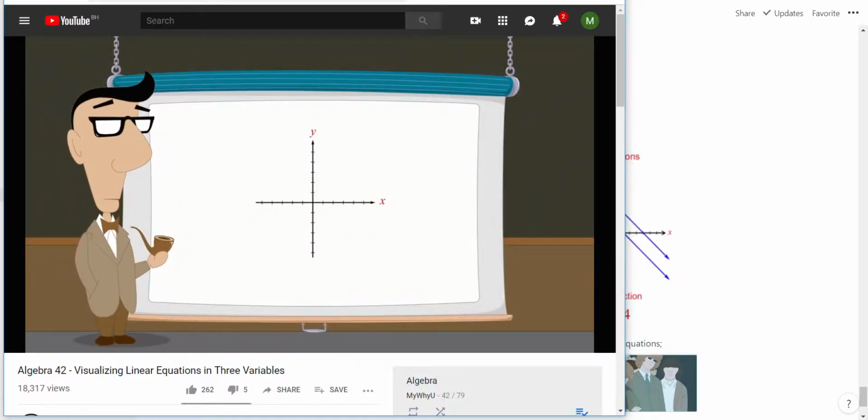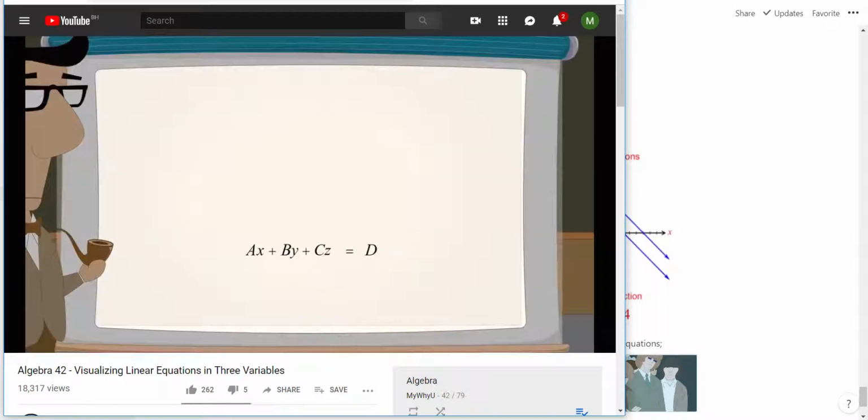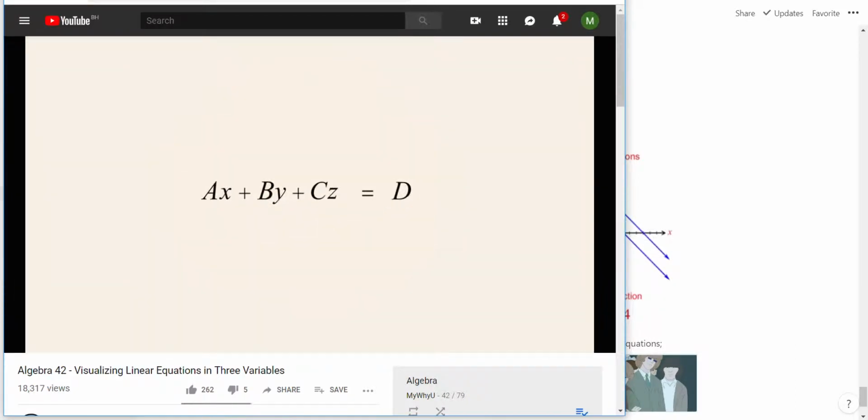Now let's try the same thing for a linear equation in 3 variables, setting the coefficients of all but one of the variables to 0. Let's start by setting a and b to 0 and c to 1. This eliminates all the variables but z. If we set the value of d to 3, we get the linear equation z equals 3.